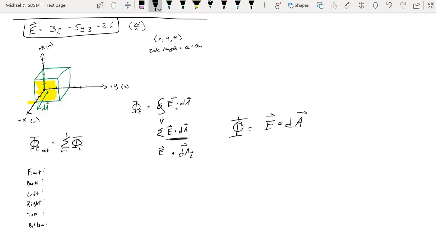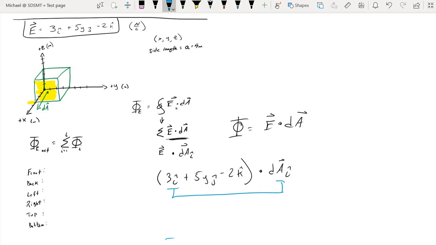Now, when it comes to the dot product, we can carry this multiplication through, and so each term within the electric field expression will have a dot product with the area vector.